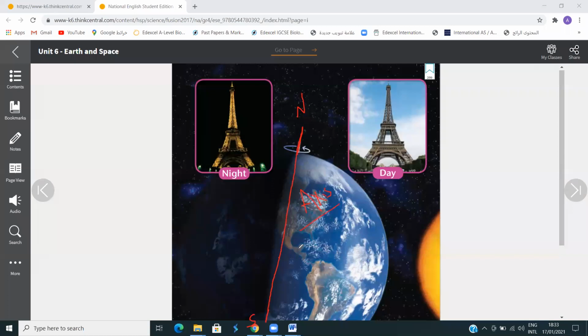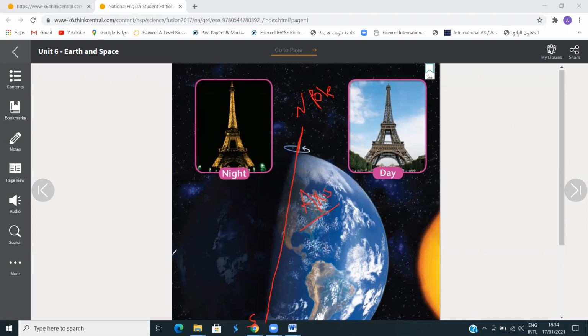This is called the axis of the Earth. It is an imaginary line, not a real line, in which the Earth rotates around itself from the North Pole to the South Pole down, and the Earth revolves like that from west to east.